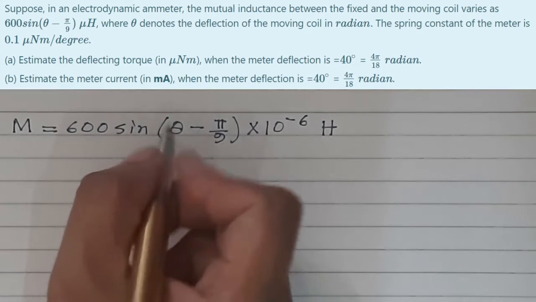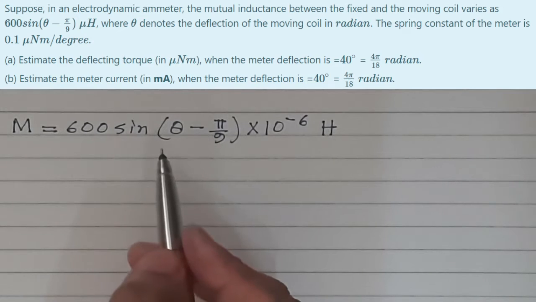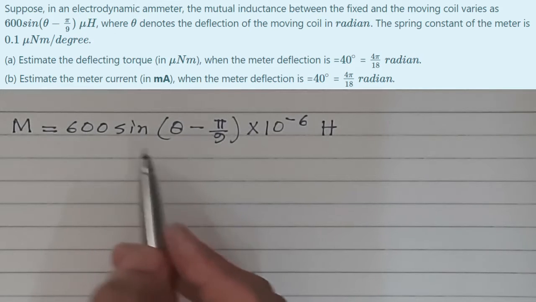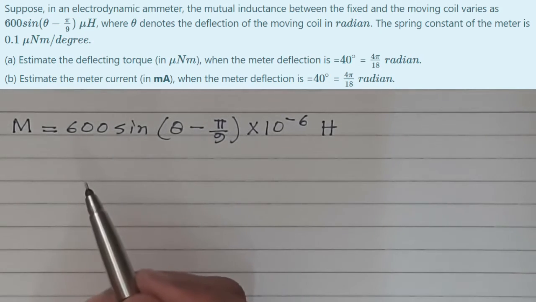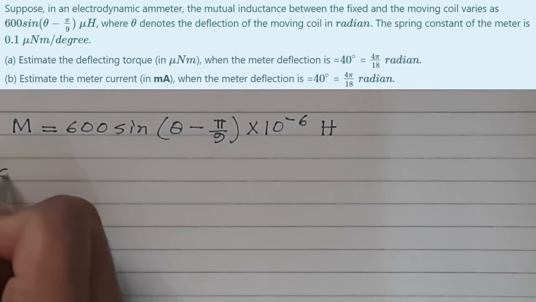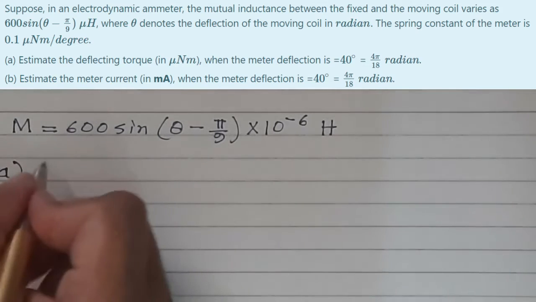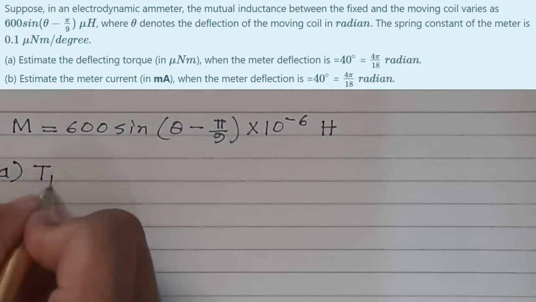Then in the question above, the spring constant is given as 0.1 micro Newton meter per degree. Now in part A, the first part, we have to estimate the deflecting torque.